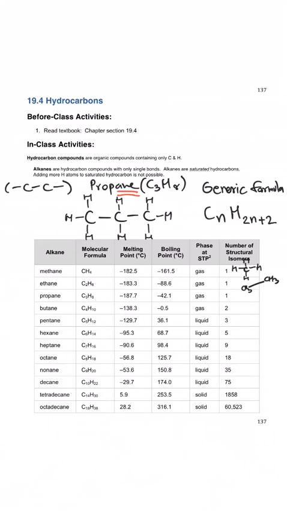Same as propane. Okay, so I'm going to erase this so that we have enough space to draw the structures. I'm going to draw these as line-angle structures to simplify it. So same thing for propane as well. There would be just one structure here, so that would be just one isomer.